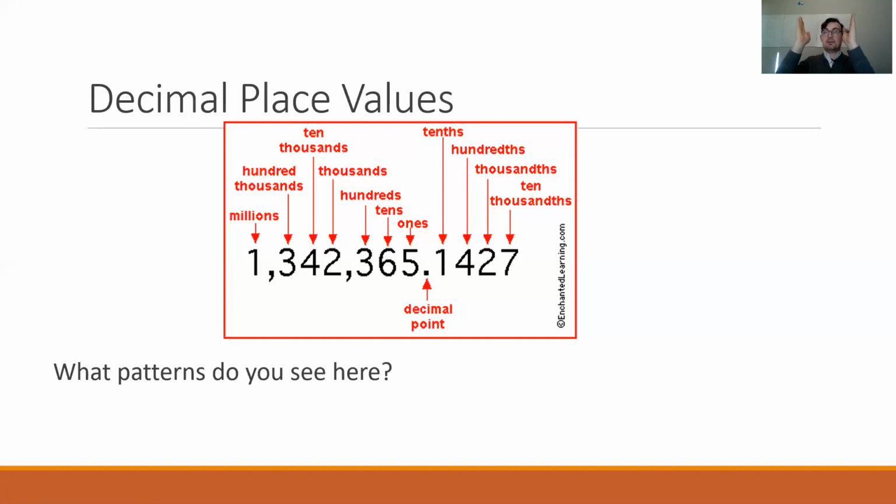The patterns are the same. Those patterns repeat. So if you know what's going on over here, you can go backwards over to the right and figure out what's happening in the decimal side.